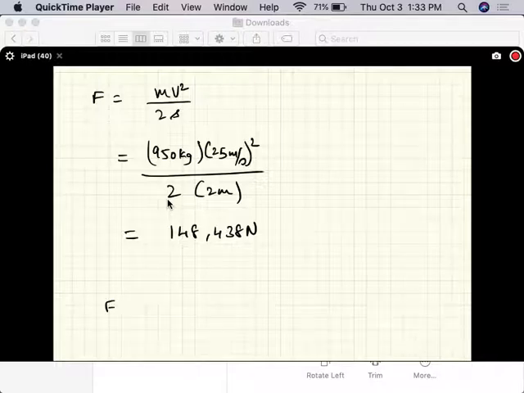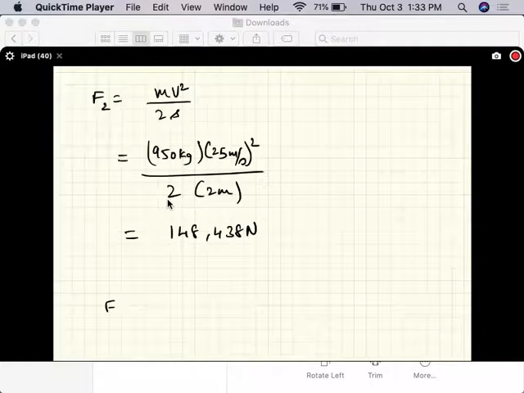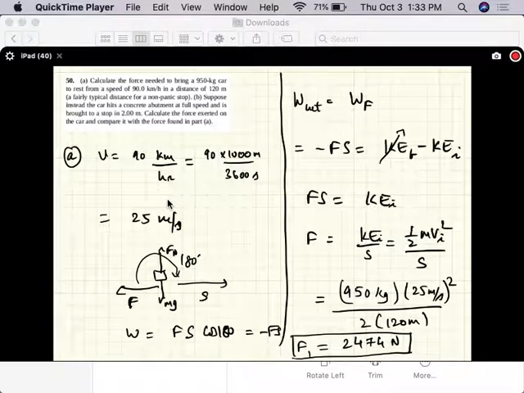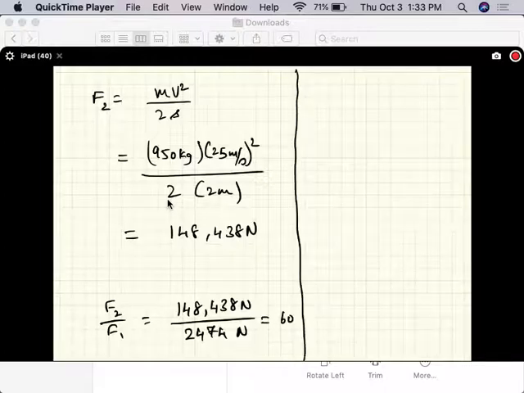And just to show you, we'll call this F2 and this F1. Let's calculate F2 by F1. 148,438 newtons divided by 2,474 newtons. And that's 60 as promised.